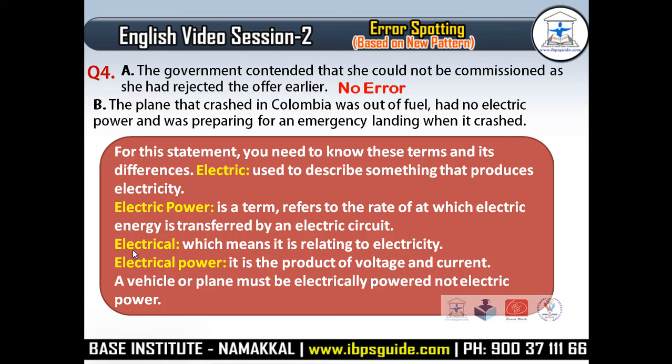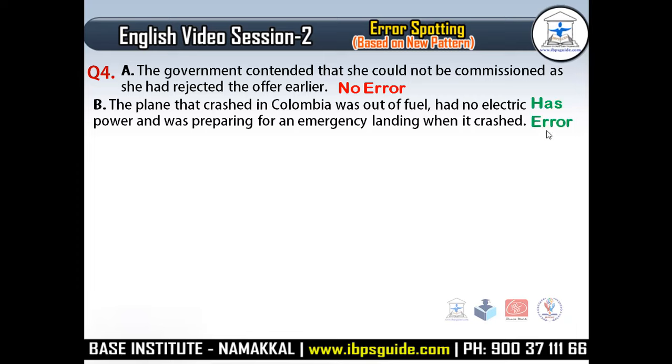Obviously, this term is also not used in this sentence. Electrical means something related to electricity. Electrical power means it is the product of voltage and current. So, a vehicle or plane must be electrically powered, not electric power. So it has error.